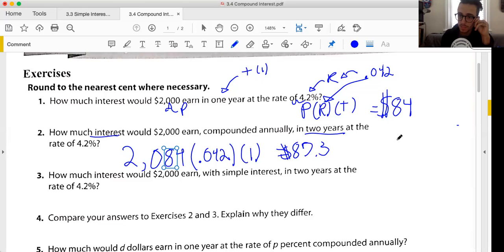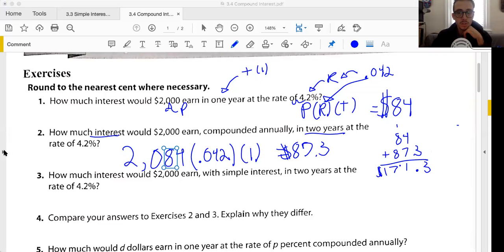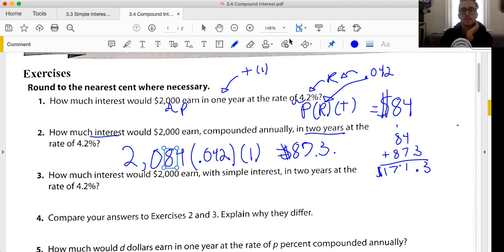So if you take 84 and you add on that 87.53, that gets you approximately $171.53 for interest. Wait, am I missing an amount? Sorry, this is 53, right? Yeah, 53, my bad.